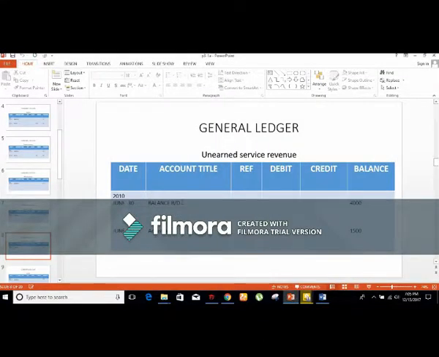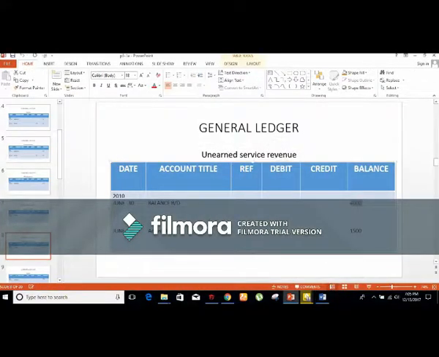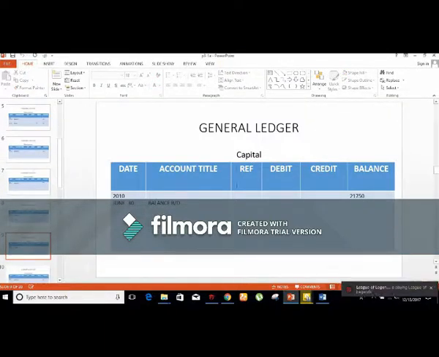The balance is 4,000, which is a credit balance, and the adjusting is 2,500 taka, which is a debit, so we can subtract it from 4,000.